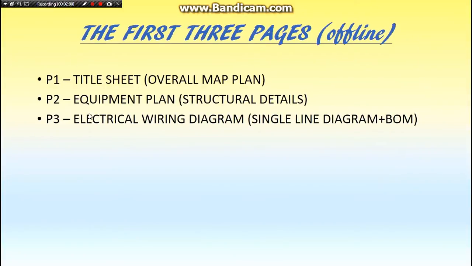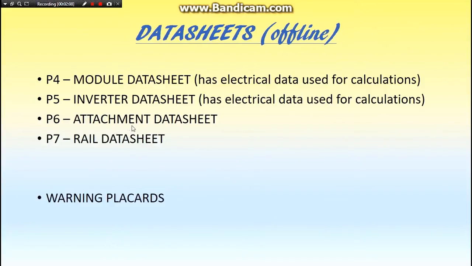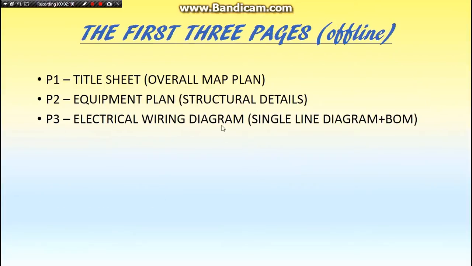So I think the way that I might do this is just take you through all the sheets. This is the way that I complete a plan. I change all the customer information on every single page: page 1, page 2, page 3, page 4, 5, 6, 7, and the warning placards. Then later on I go back and do the calculations on the electrical wiring diagram.